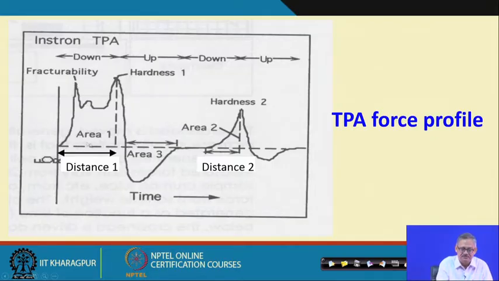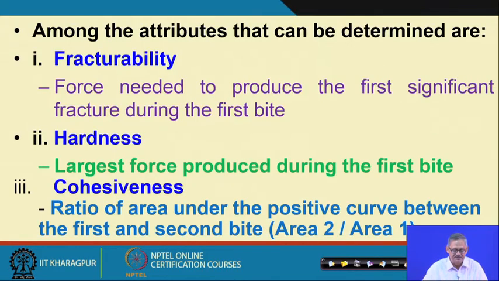These are the two positive areas, which is why in the definition we said the ratio of the area under the positive curve between the first and second bite, that is A2 by A1, is cohesiveness.